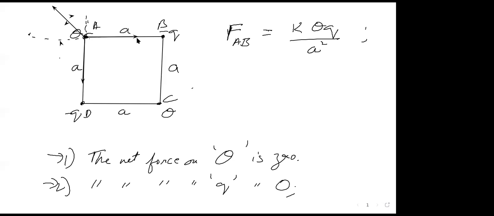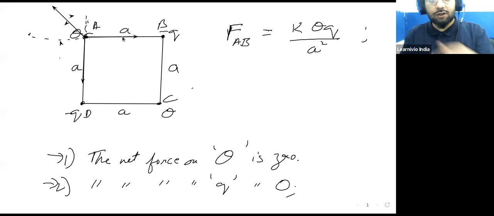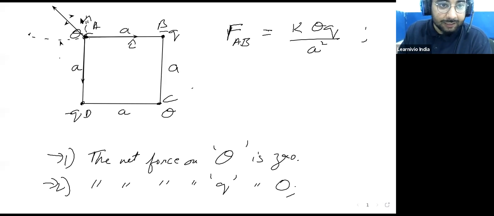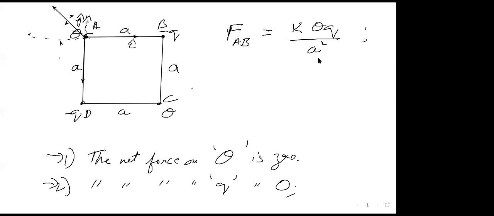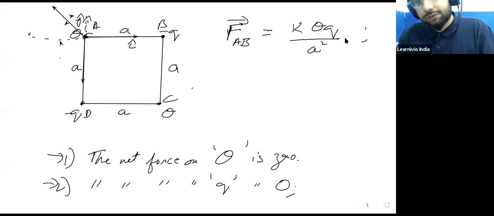And this is in what direction? It's in the direction of positive. Let's call this direction i cap, so positive x direction as i cap and positive y direction as j cap. So this vector will be KQq over A squared i cap. Correct.